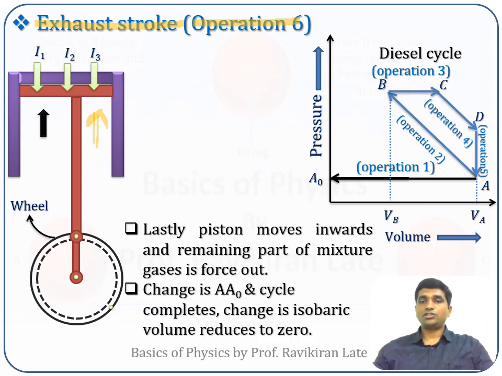The change in this case is represented by the line A0, which is operation number 6, during which the volume reduces to 0. This is an isobaric change, because it happens at a constant pressure, and this way one cycle completes.